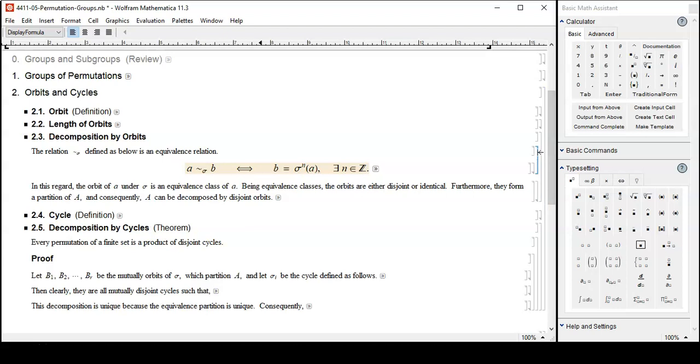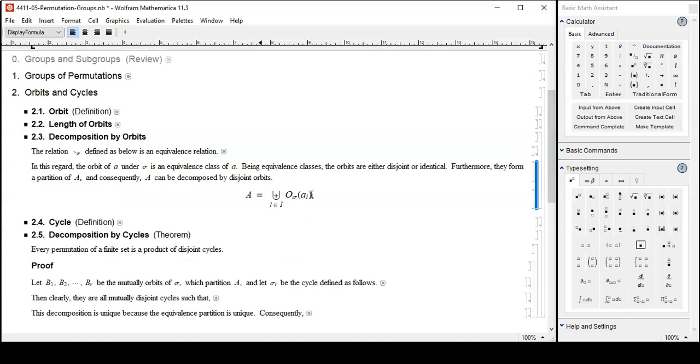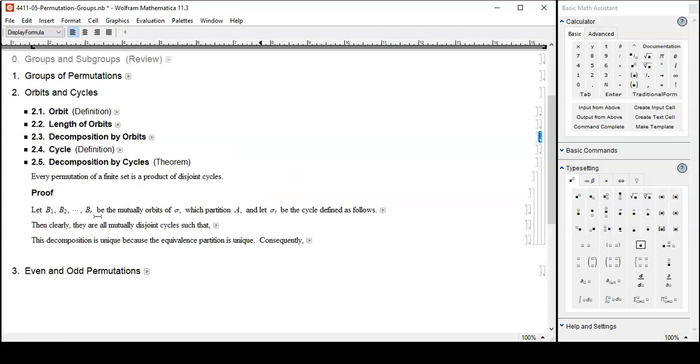So being equivalence classes, the orbits are either disjoint or identical, and if you union them all, you're going to get a decomposition. So that's what we can do, and let's suppose that we decomposed to B1, B2, B3 all the way over to BR. And that's given by sigma. Okay? Every permutation, so given any permutation sigma.